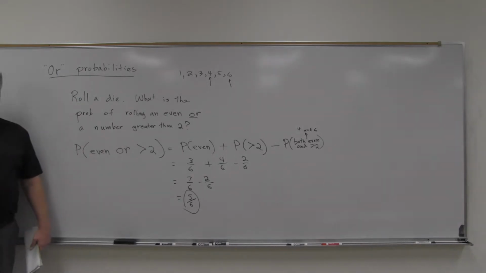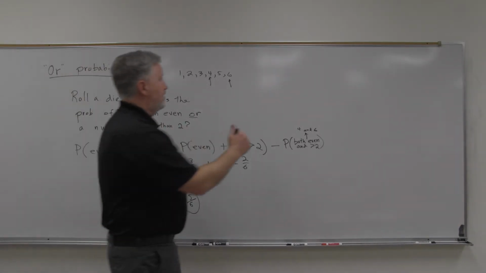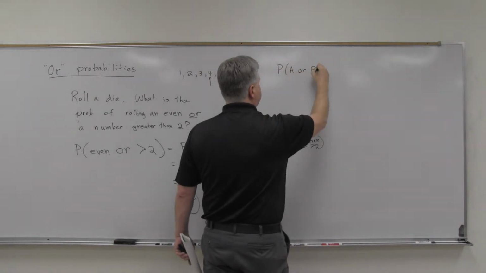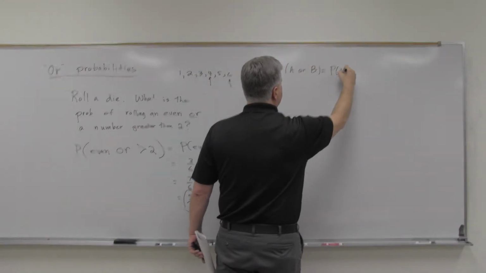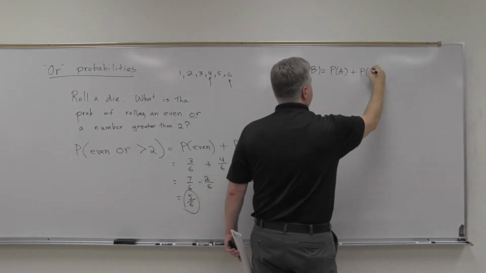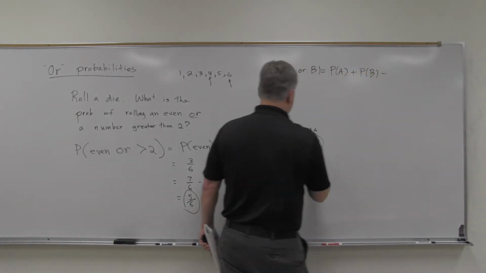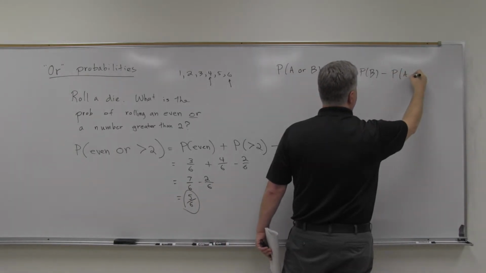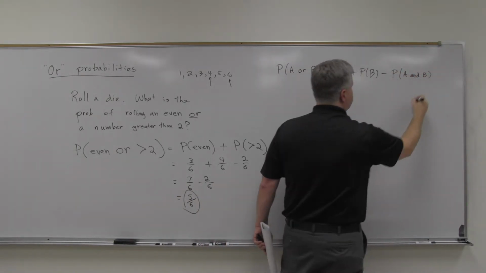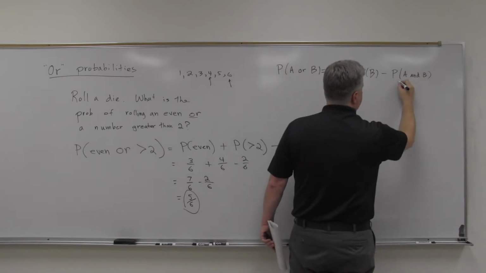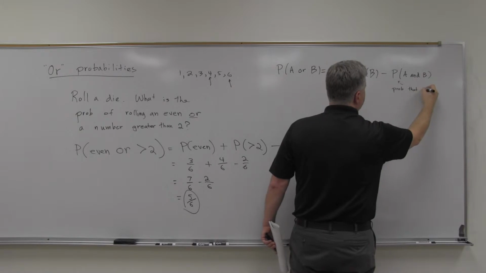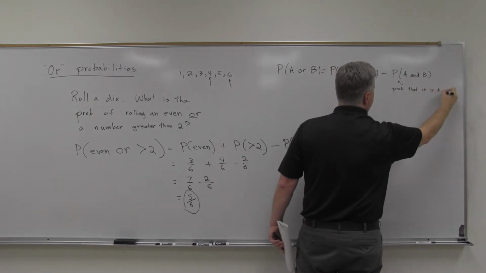It turns out the formula for an OR probability is: the probability of A or B equals the probability of A plus the probability of B, minus the probability of A and B. What that means is this is the probability that it is A and B at the same time.